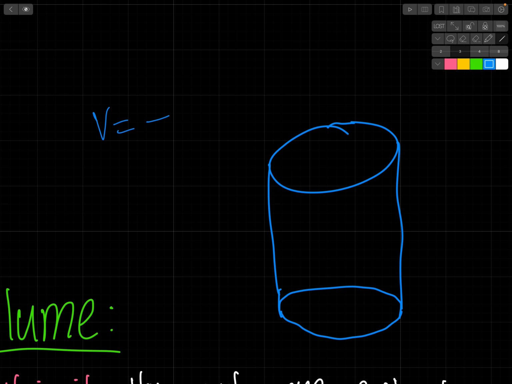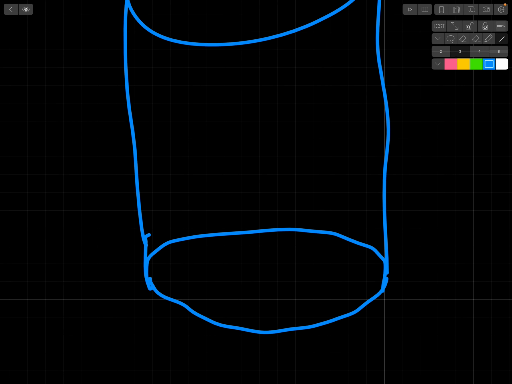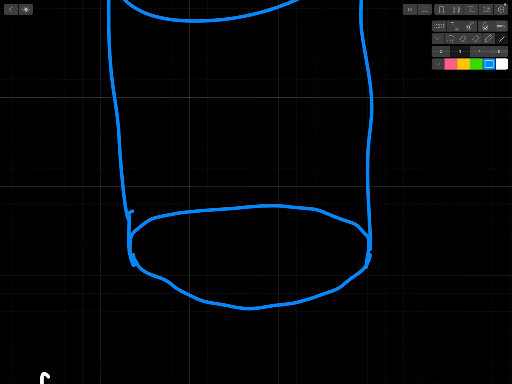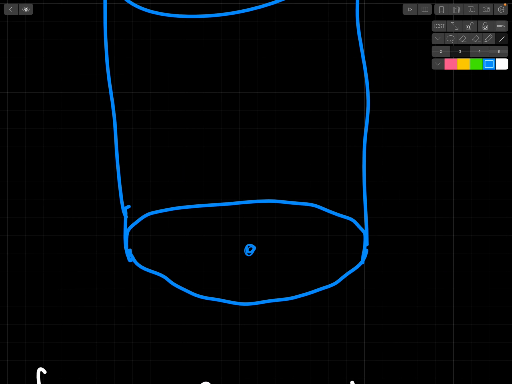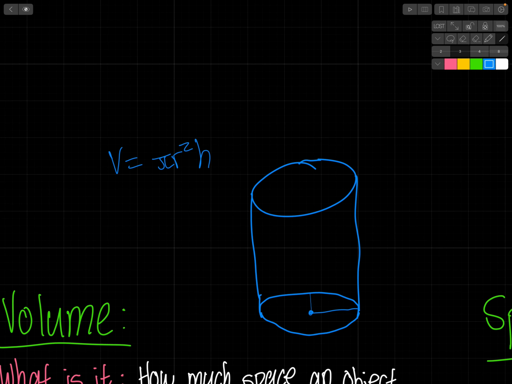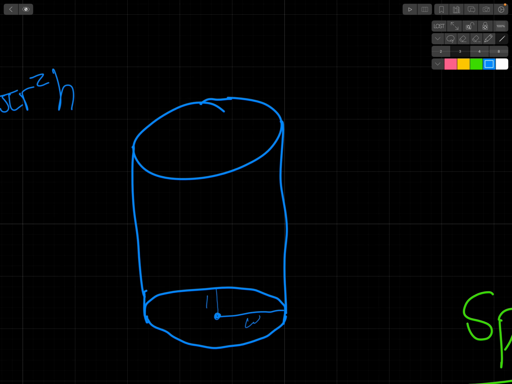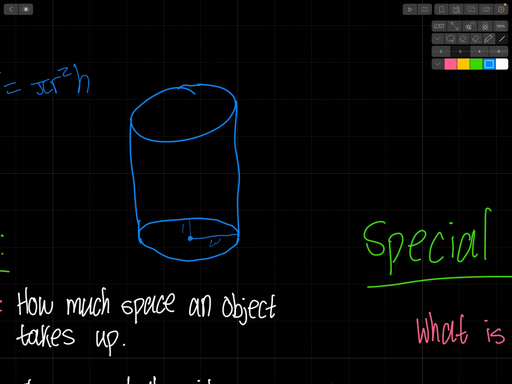Volume equals pi r squared h. So you need the length, which in this case is the radius. So we need this. We also need this, which is the same as the radius. So this is all radius. Length, width is the same as the radius, right? And then we also need the height of the cylinder, the height.